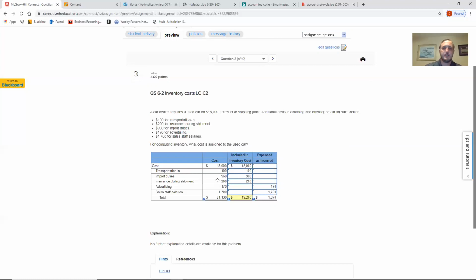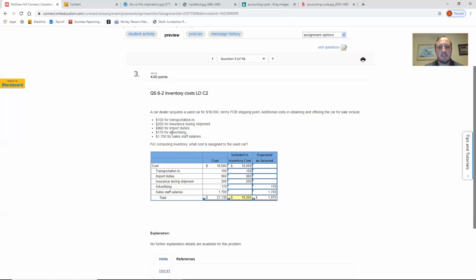So when we answer that question, the line in the sand that we draw is that everything that's required to get the inventory to your store and ready to be sold will be inventory, which is included in the cost that we were talking about. Anything else is going to have to be expensed as incurred.